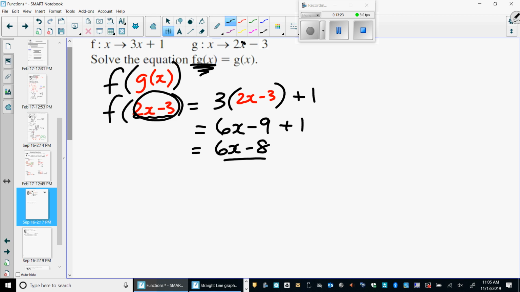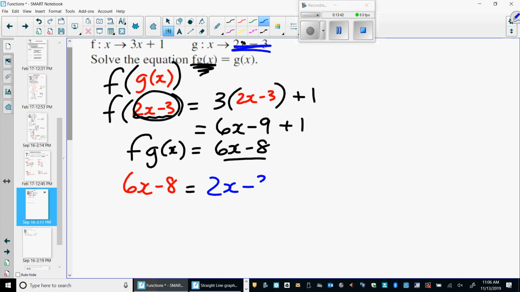So this is f(g(x)). We're now going to say that's equal to g(x). So we set 6x minus 8 equal to g(x), which is 2x minus 3.